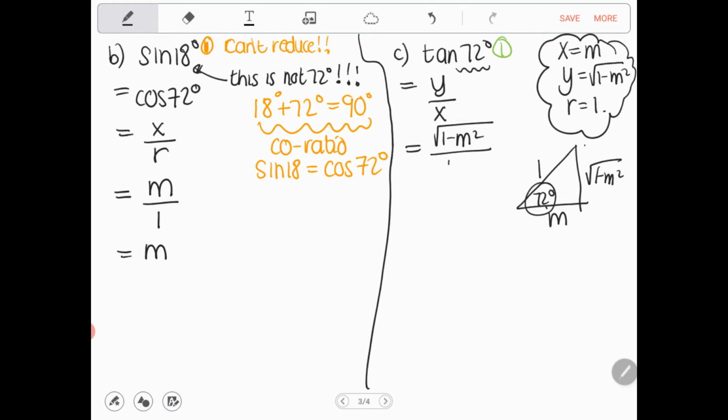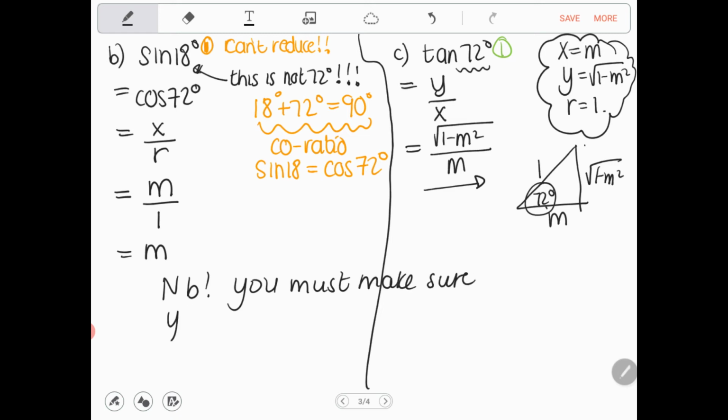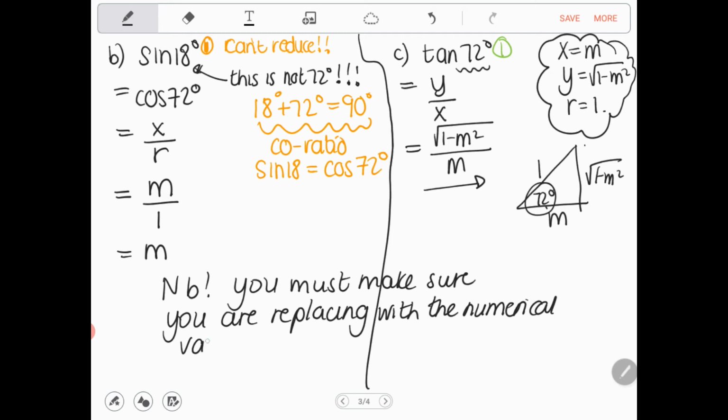And x is equal to m. So we're just replacing. But with these, you must make sure you are replacing with the numerical value of the angle you have in the diagram.